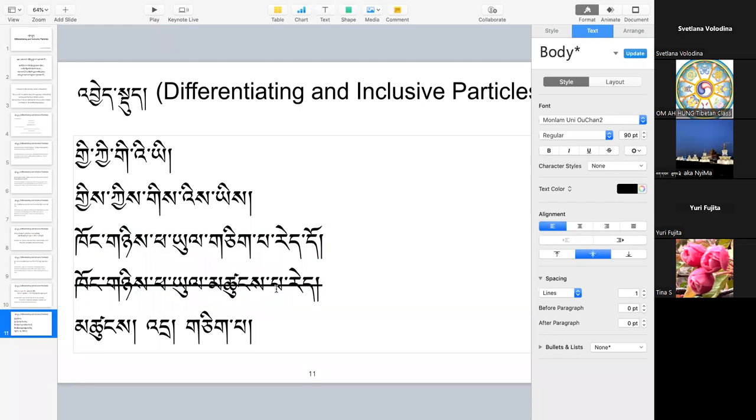So when we use the word chung or da, we always have to look at the nature of similarity, rather than as an identity.